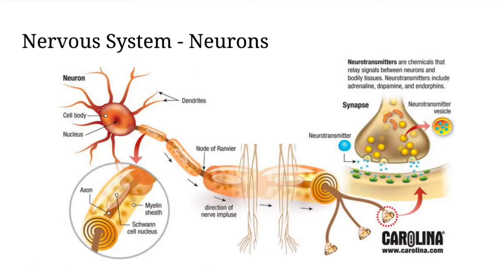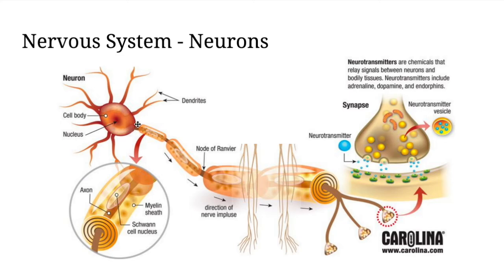Next, if we take a look at the neurons, so you can see the structure of a neuron here. It's got different parts. Each part has a different function, but a neuron is a nerve cell, and it's going to send signals either chemically or electrically or both. And you can see here would be the beginning of the neuron. You have the cell body.